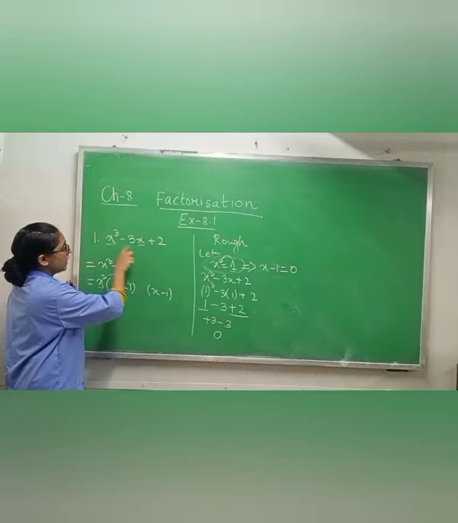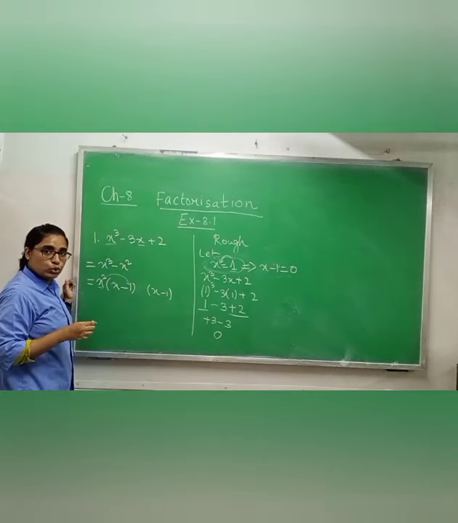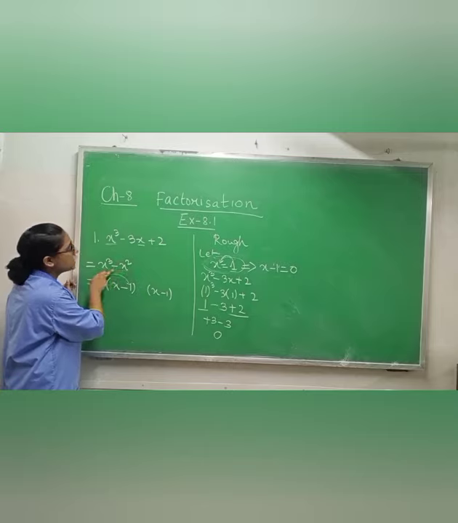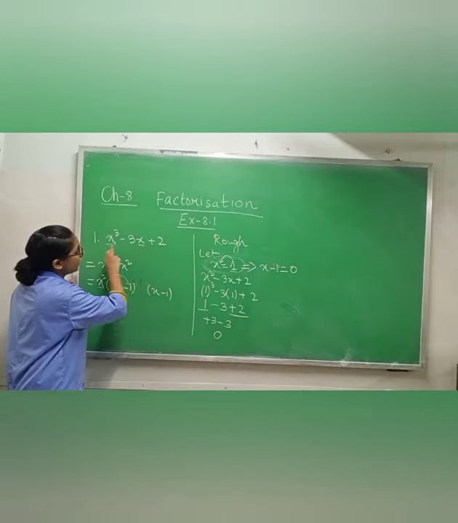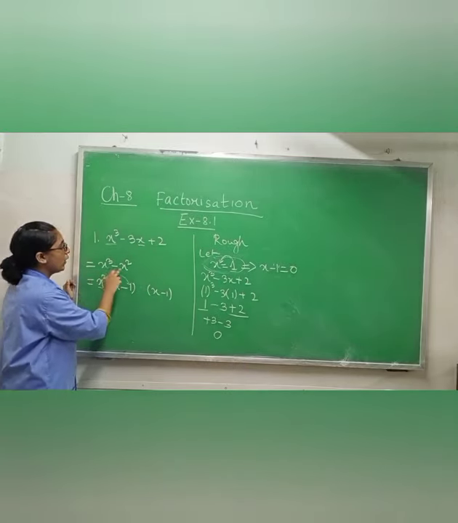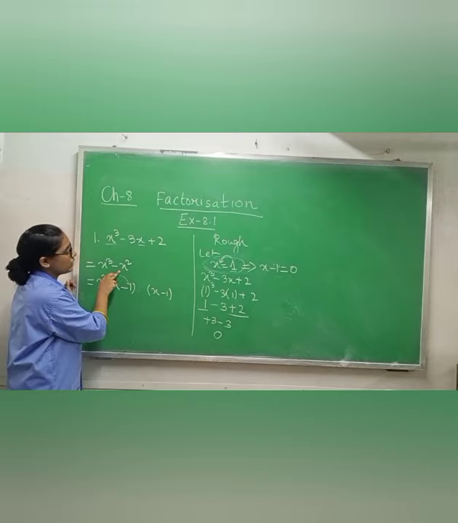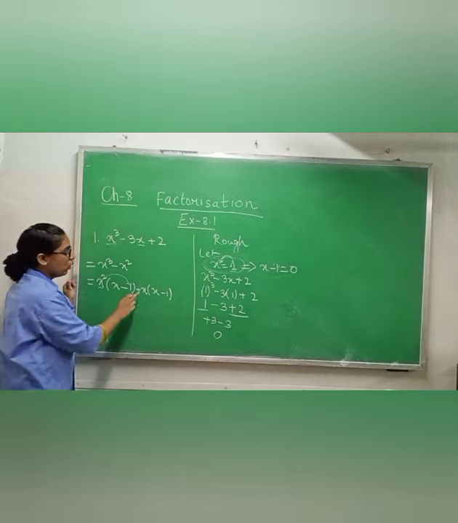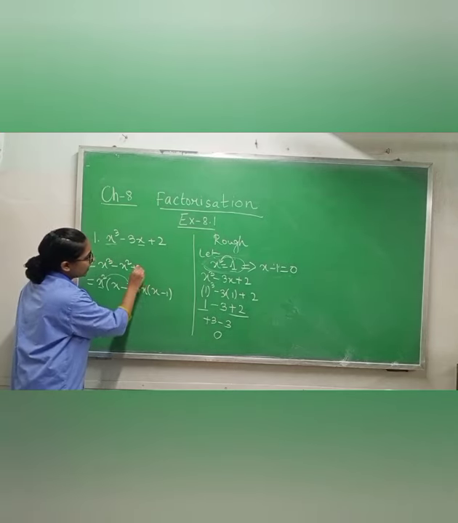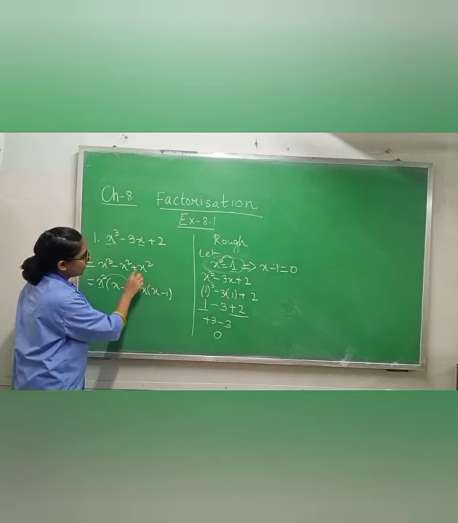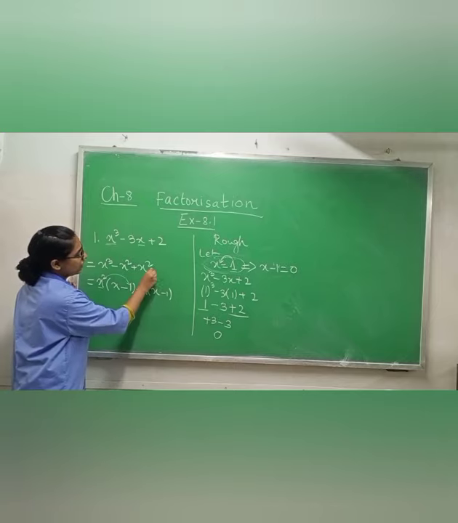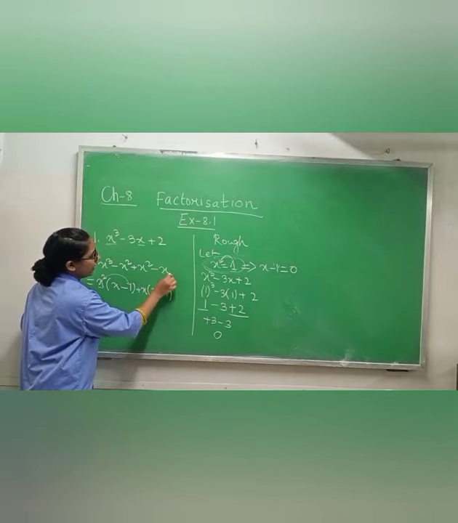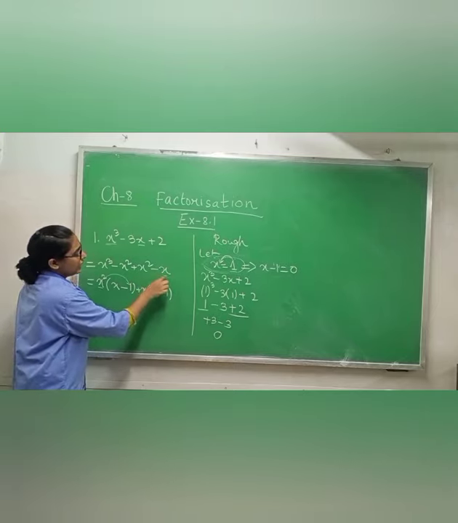In this factorization you don't have x square, so you have to remove this minus x square. X is already here, so you have to put plus x. It will come x into x gives x square, and minus x into 1 gives minus x.